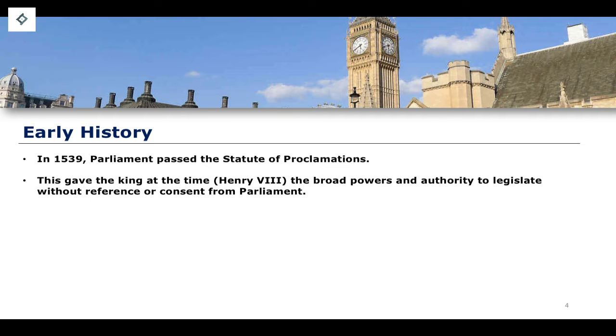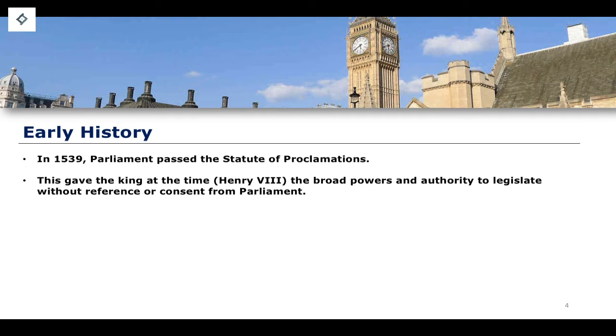One of the historical traditions that existed with monarchies even before Henry VIII was the idea that you would call Parliament to legislate, and you would require the consent of Parliament to legislate. In fact, this was one of the most significant influences that Henry VII attributed to his consolidation of royal authority.